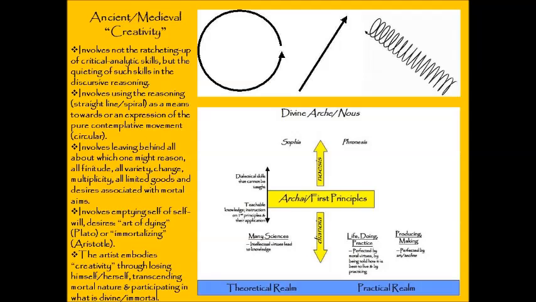Your mortal aspect has to disappear, that the immortal part shines out. That's what art is. The artist embodies creativity through losing himself or herself, through transcending mortal nature and participating in what is divine, or immortal. Do you see how weird this is compared to, old Sir Ken?